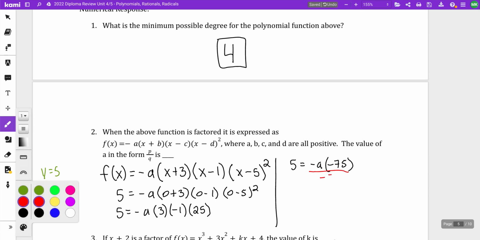Divide that negative 75 to the other side. As a fraction, you have 5 divided by negative 75. Both those numbers can divide by 5, and I believe you get negative 1 over 15 equals negative a.